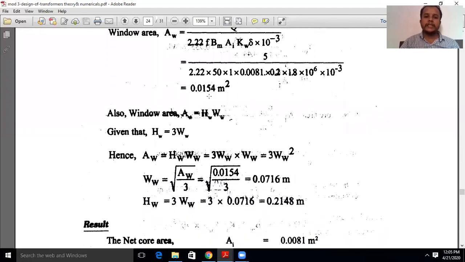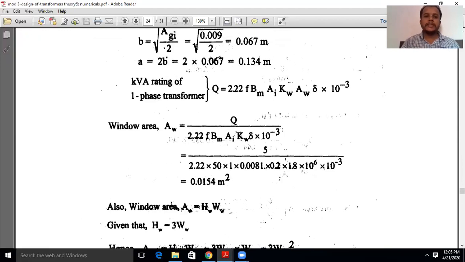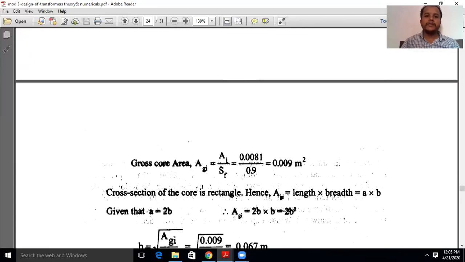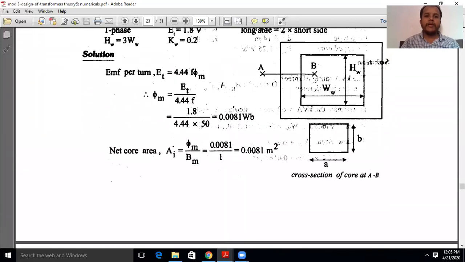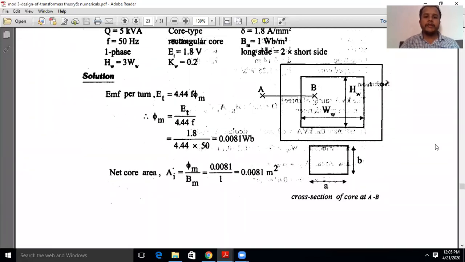Here this is Aw, dimensions of the window, and whatever the dimensions of the core is there, it is just Ai.